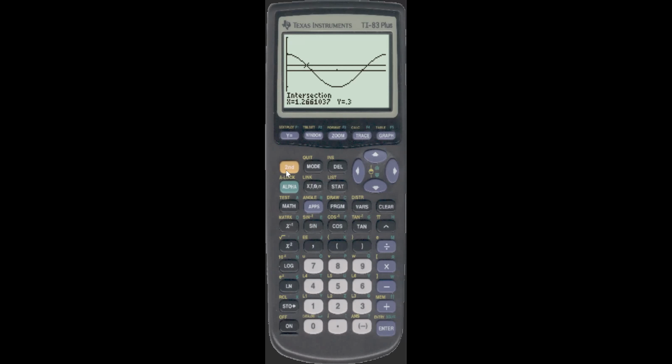To find the other one, you have to do the same thing. Second calc, intersect, and then you got to get close to it, in the neighborhood, so to speak. Look, I'm pretty far away, right? I hit enter. There's the other curve. I hit enter again, guess, and it'll give me that point. You got to be close, not too far away.